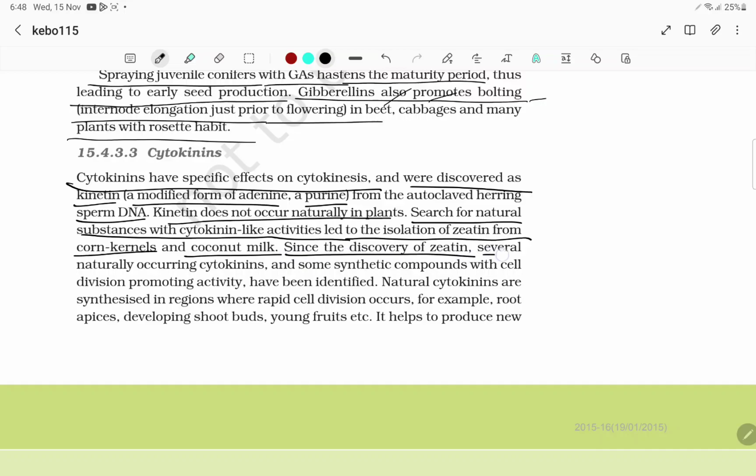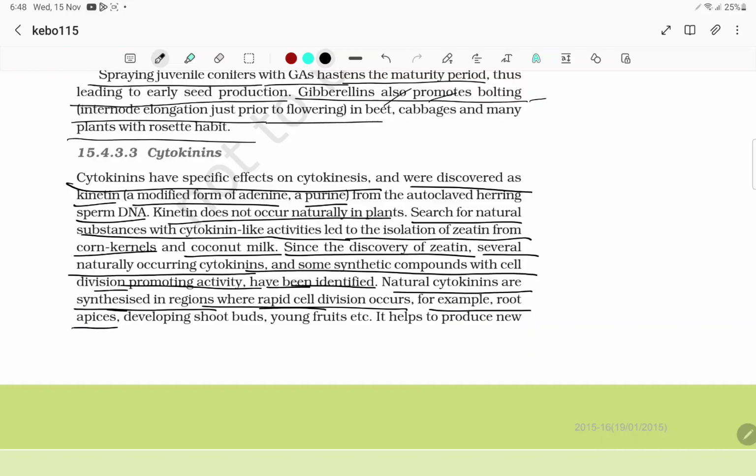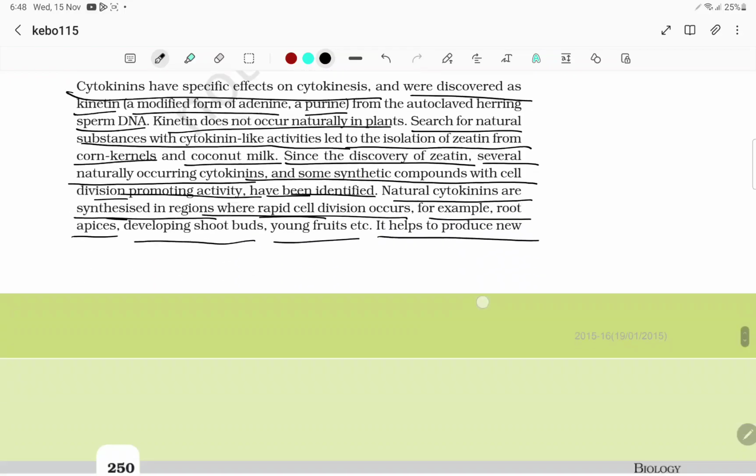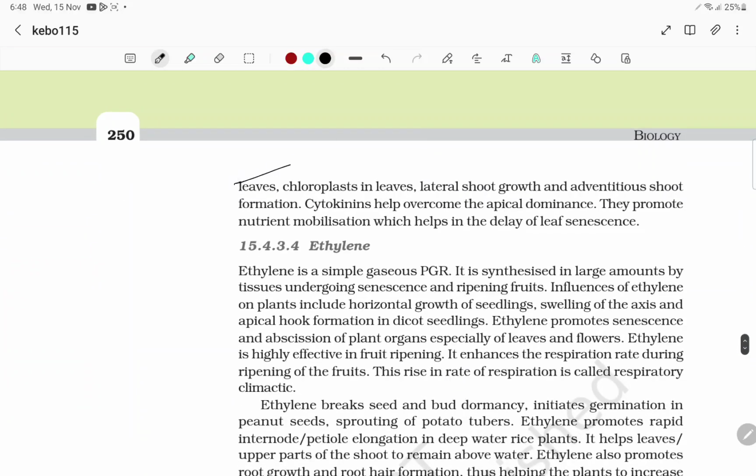Since the discovery of zeatin, several naturally occurring cytokinins and some synthetic compounds with cell division promoting activity have been identified. Natural cytokinins are synthesized in regions where rapid cell division occurs, for example, root apex, developing shoot buds, young fruits, etc. It helps to produce new leaves, chloroplast in leaves.